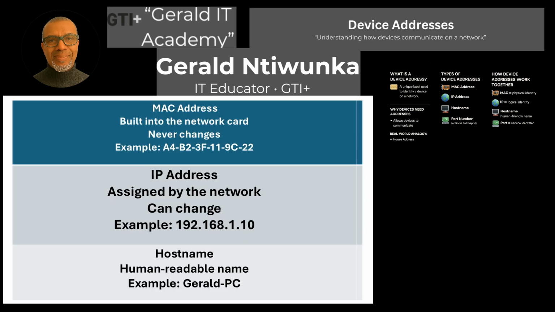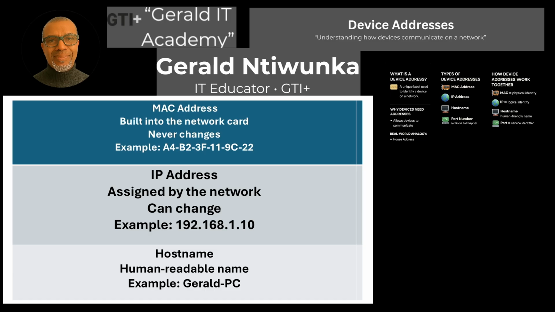The summary of this video. I want to take us back again and see how this works together: the MAC address, the IP address, and the host name, which is the human-readable name.